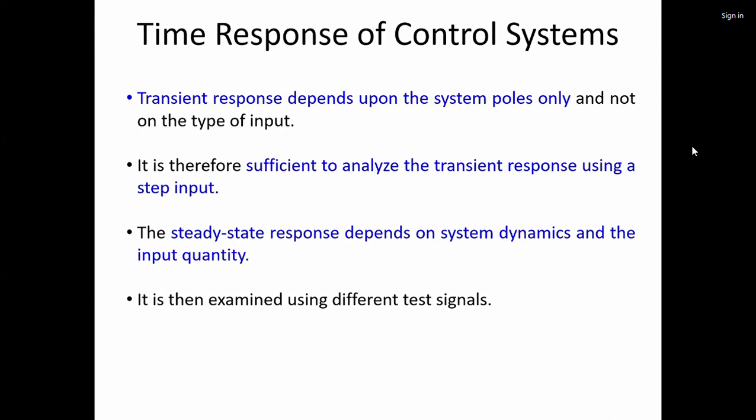Okay, but the steady state response depends on the system dynamics, and therefore it actually depends on the input quantity. Okay, so if the input quantity is different, the steady state output is different, but the transient response doesn't depend on the input. Okay. But if you want to know the steady state response, you need to analyze different signals. Depending on the test signal, your output is going to be different.